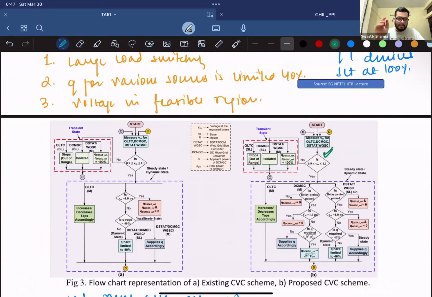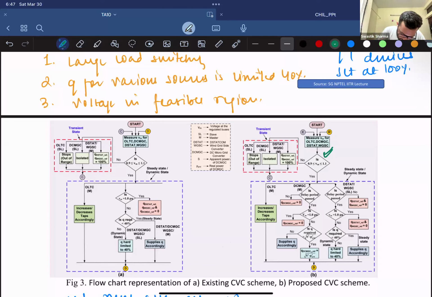In the transient stage, your fast acting device takes the role of master, and your DC microgrid and your OLTC take up the role of slaves. What is master and slave? Your master issues the commands first, and then after that the slave commands are issued. The slave works in a lower hierarchical order. So your master works first, and then your slave works. That's how it's done.